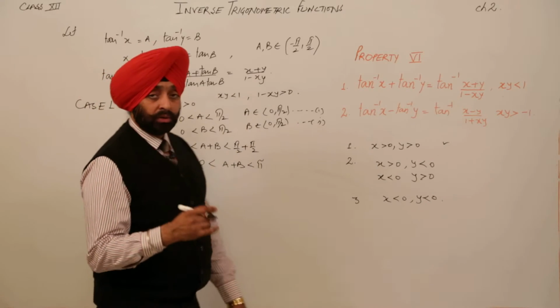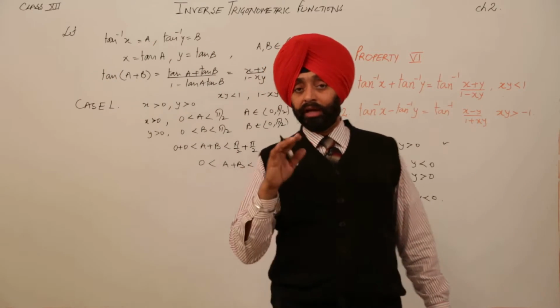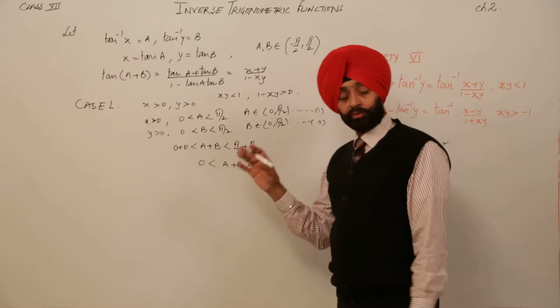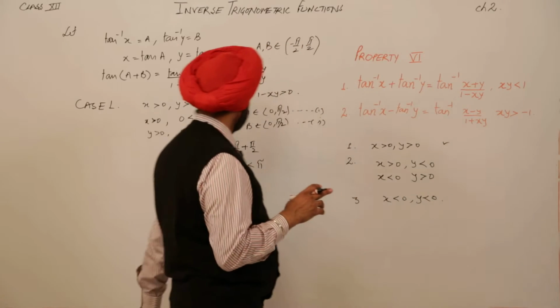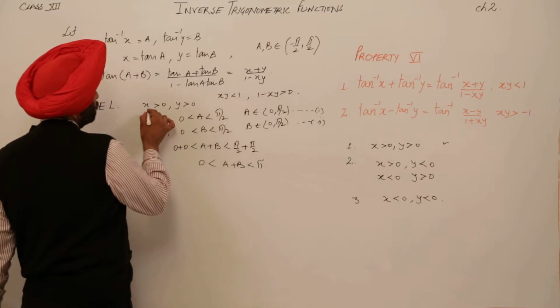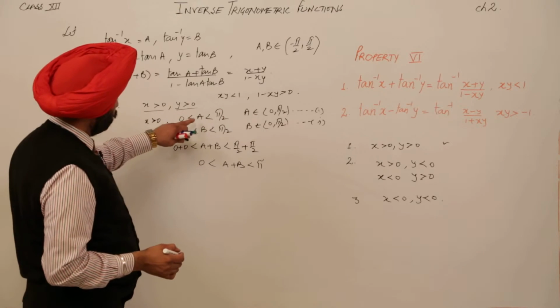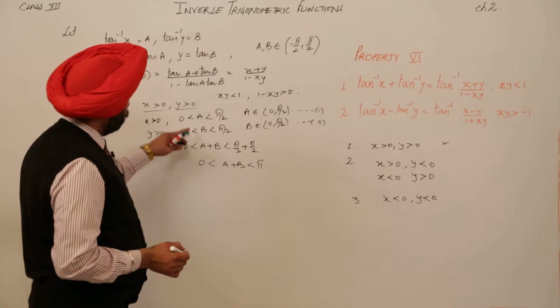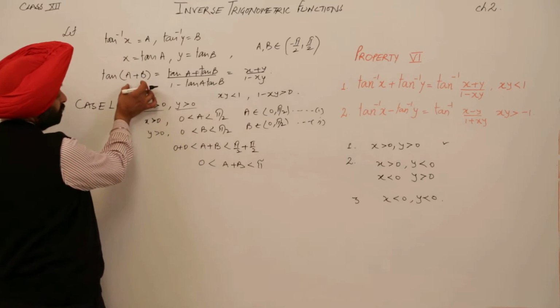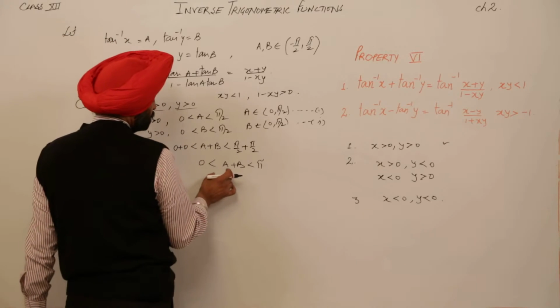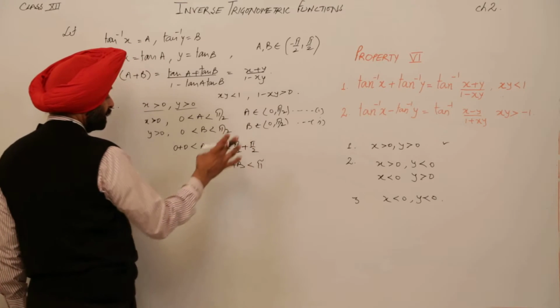Pi by 2 was 90 degrees, 90 plus 90 is 180. Pi by 2 plus pi by 2 is pi, one and the same thing. So when x is greater than 0 and y is greater than 0, because we want A plus B, we have 0 less than A plus B less than pi.